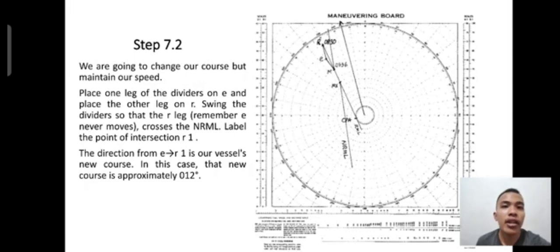The point of intersection is R1. The direction from E to R1 is our vessel's new course. In this case, that new course is approximately 012 degrees. Next slide.